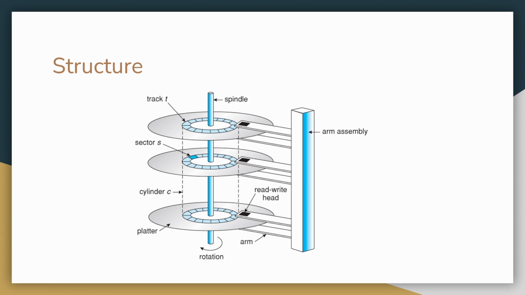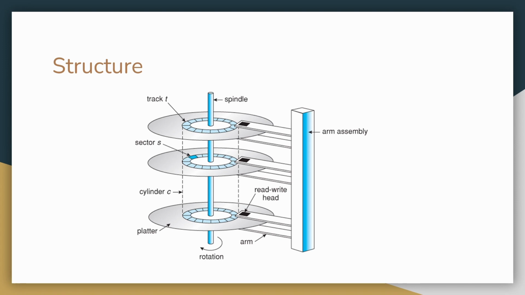There are heads on both sides of the platter and hence read and write operations can be performed on both sides. The surface of the disk is divided into circular tracks. These tracks are further divided into sectors. Seek time is defined as the time required to move the read and write heads to the desired track.